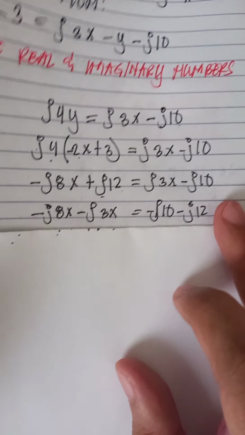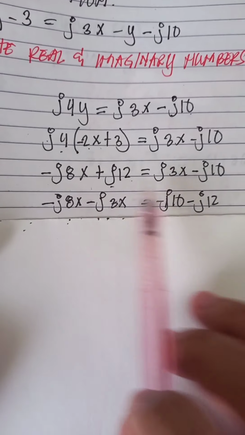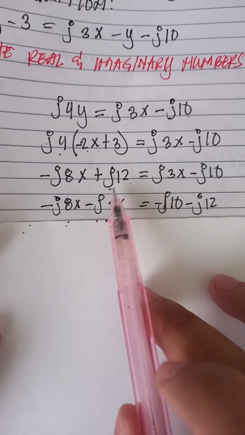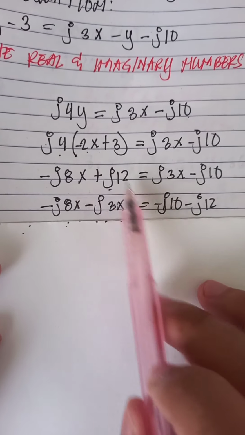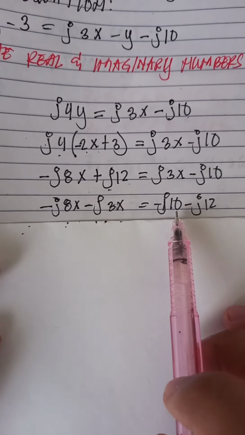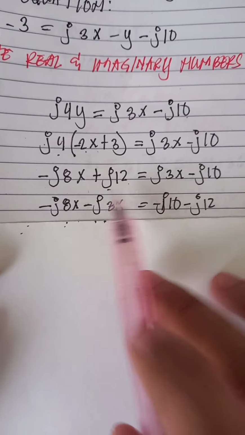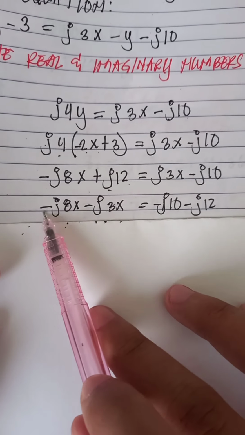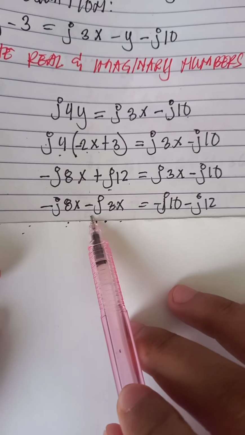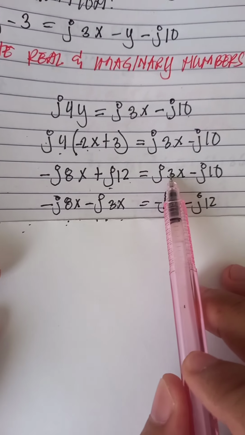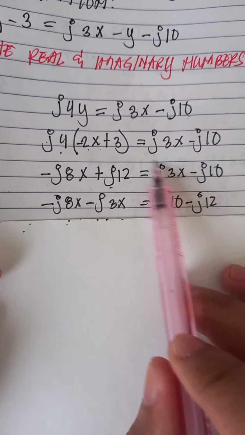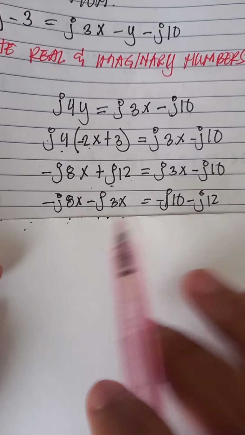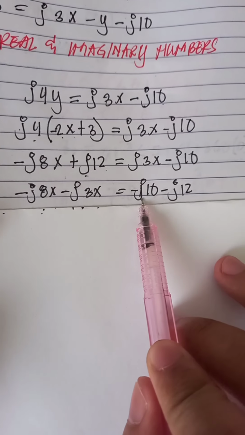So the next step is we have to separate the x terms from the terms without the variable. So we have here negative 8jx minus 3j. So here's 3jx, so we have to move it to the left side, equal to negative 10j.